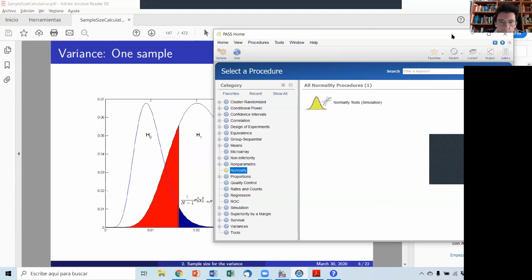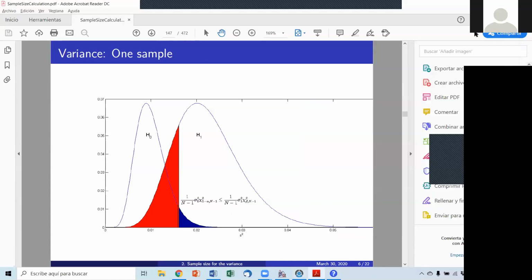More questions? I have a question. Sure. Can you comment on performing the normality test on the raw data or your direct measurements versus on the residuals? Those are different things. So, for instance, let's say that I want to compare two means of two groups, and then I want to check if I can apply a t-test.